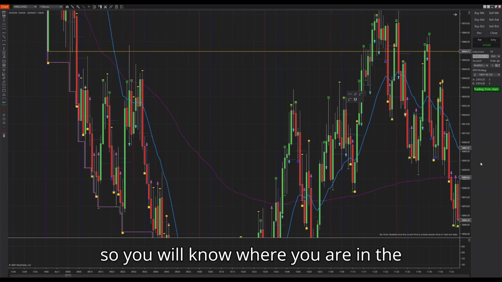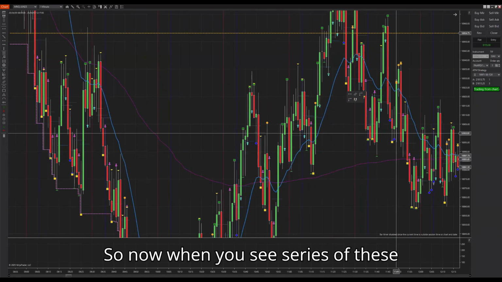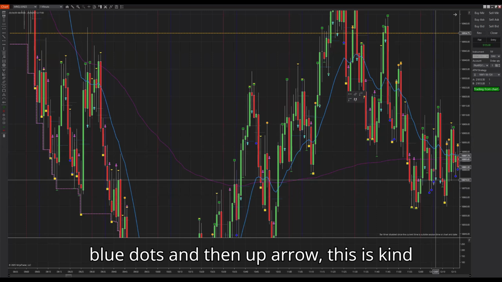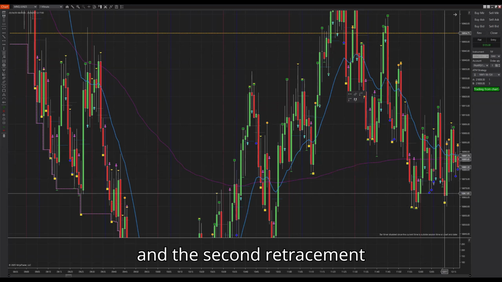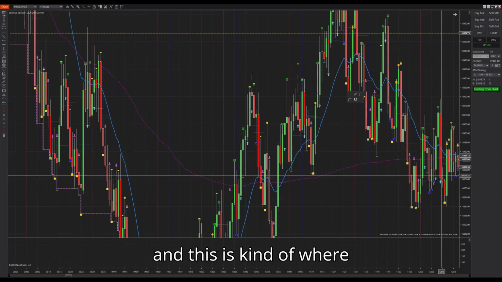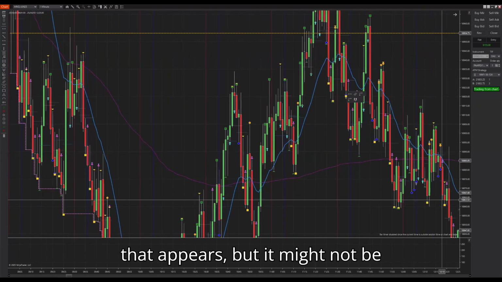So you will know where you are in the bigger picture. So now when you see series of these blue dots and then up arrow, this is kind of an end of this huge move and the second retracement. And this is kind of where that appears, but it might not be over yet.